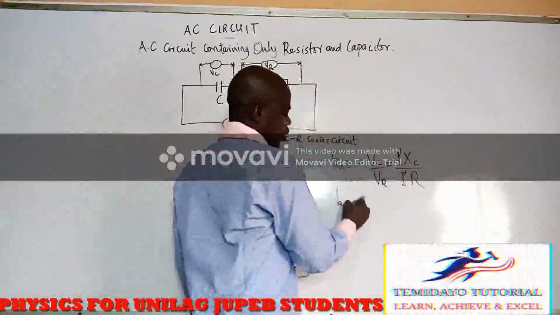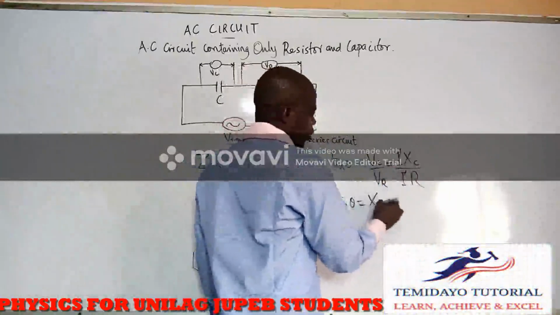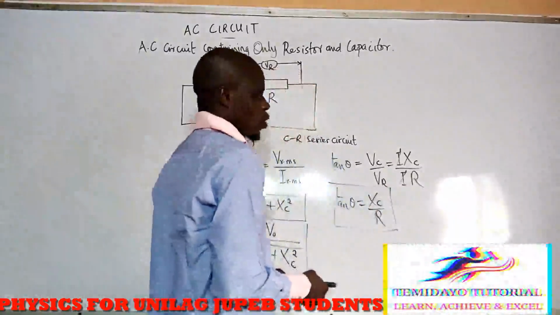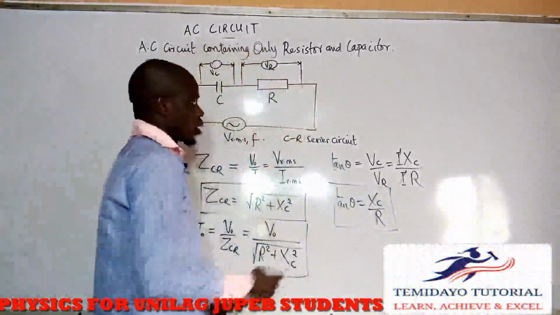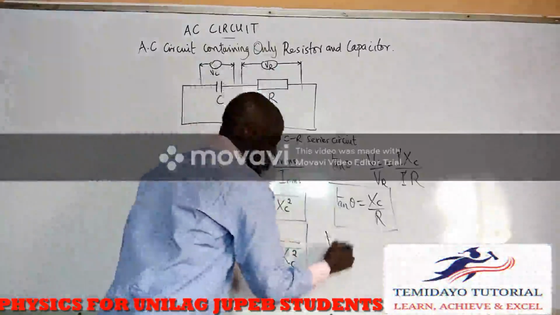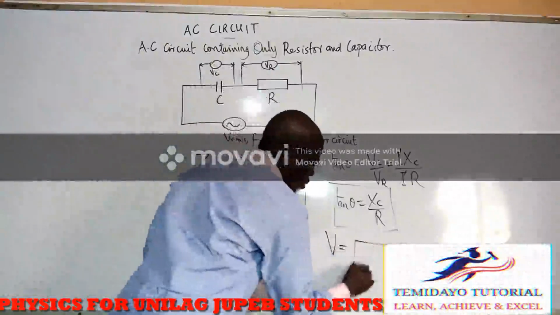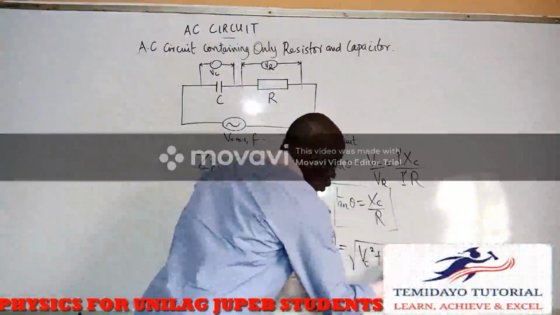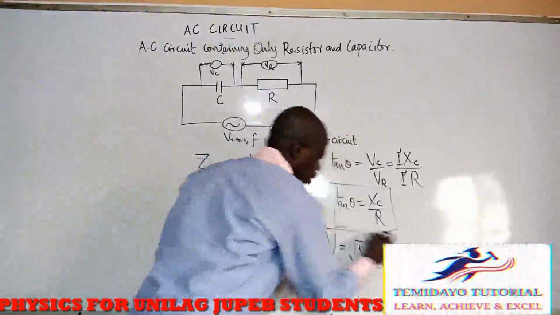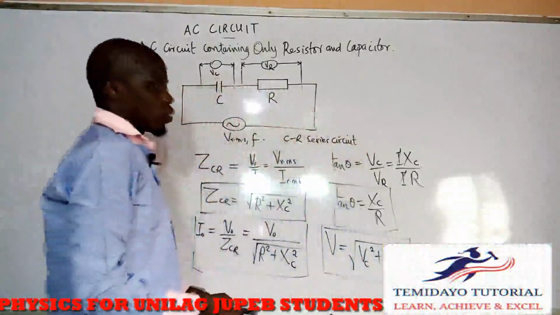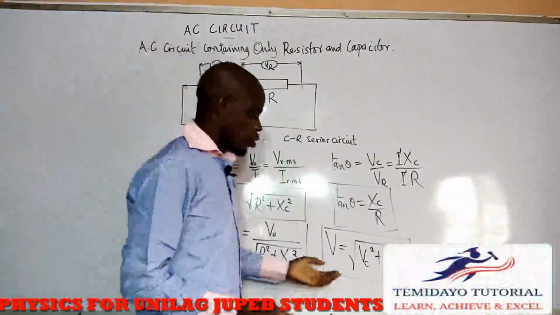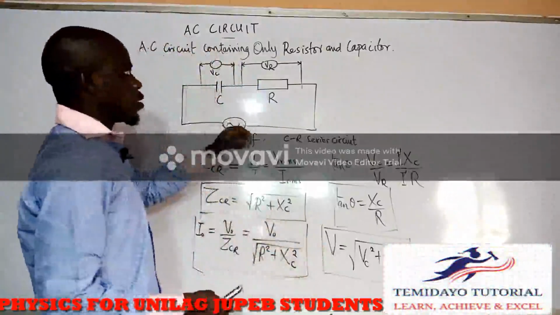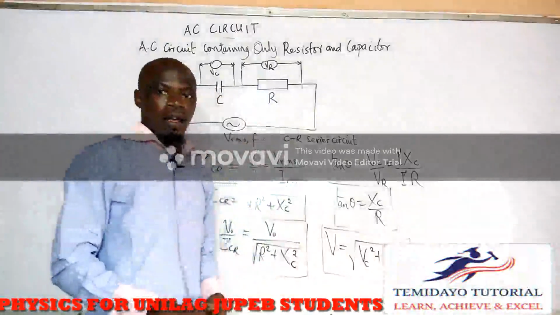We can see that tan theta is equal to Xc over R. Then the effective or total voltage across the circuit, VC and VR, is given as V, and that is equal to the square root of VC squared plus VR squared, as you can see. So these are the things that you need to take note of when you are dealing with an AC circuit containing only a resistor and capacitor.